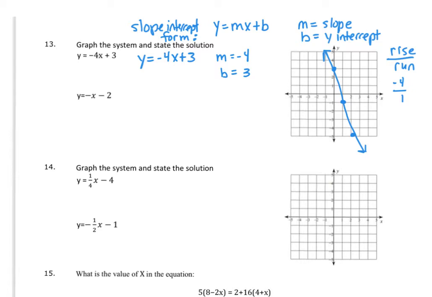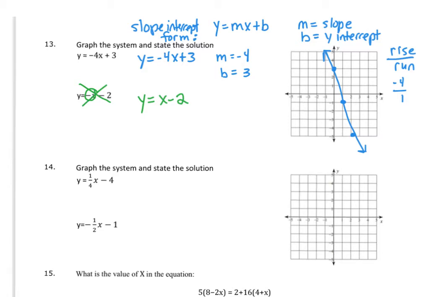Okay, so then we go to our next equation. I'm going to change this up a bit because there's an error on this review. It should be y equals x minus 2. So get rid of this negative x right here. It's not going to be this equation, it's going to be y equals x minus 2.